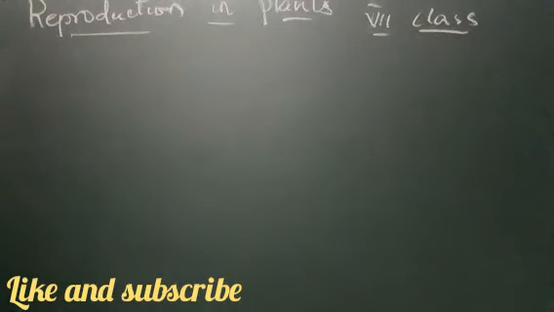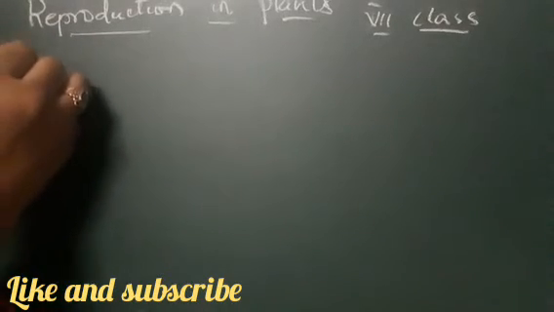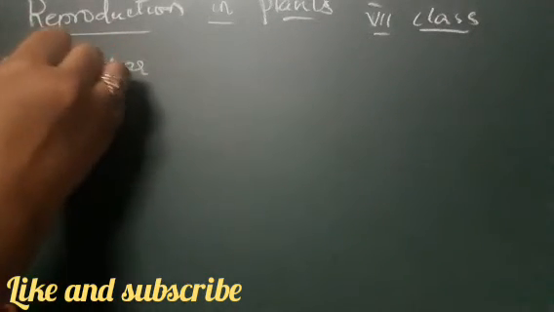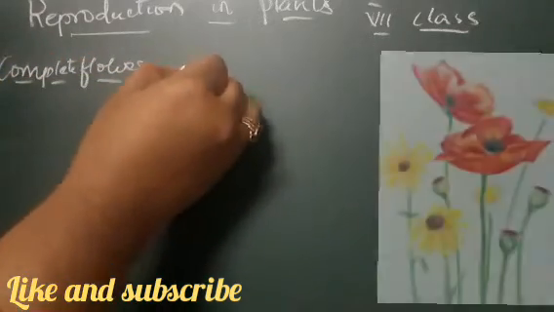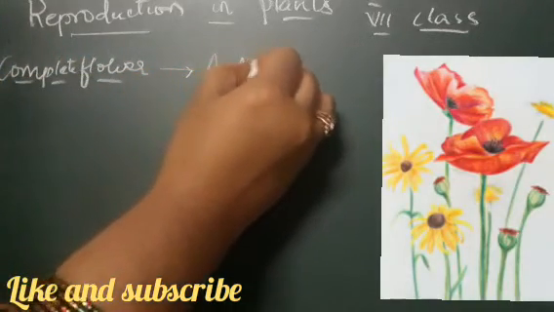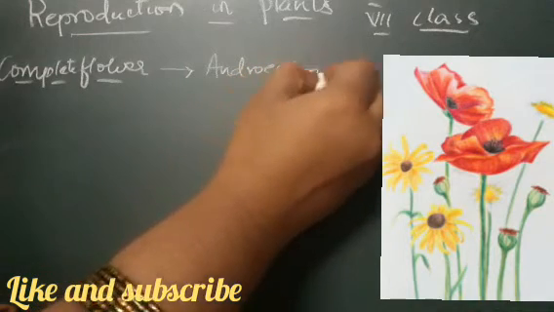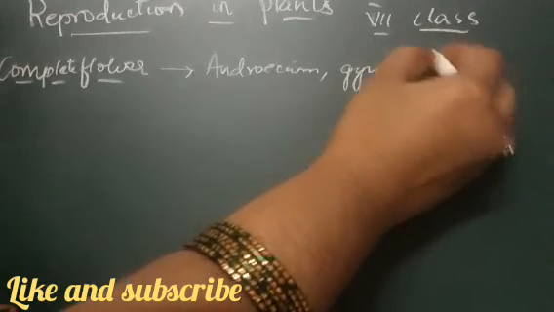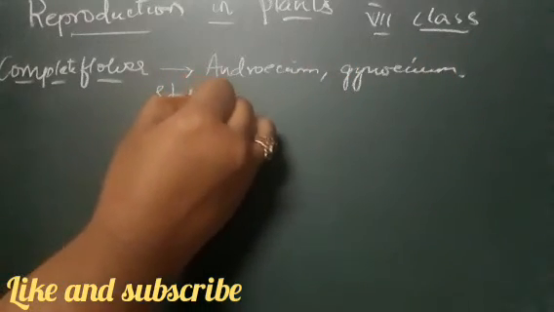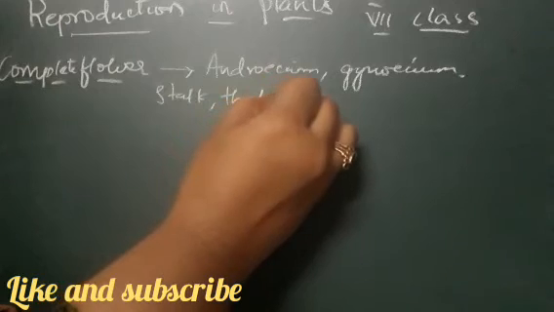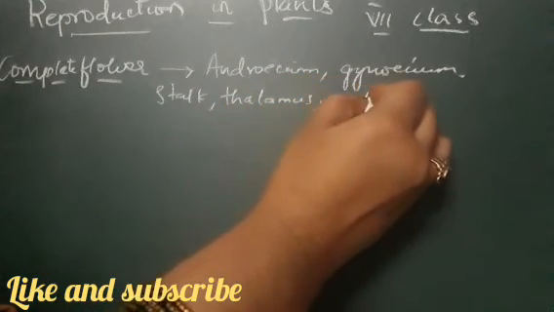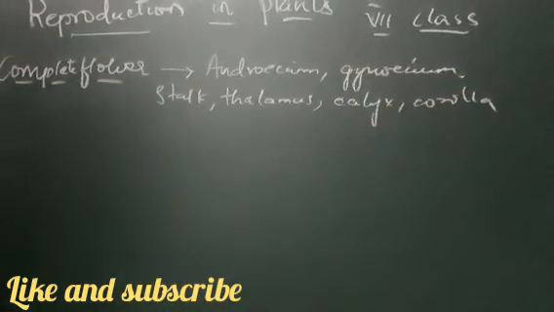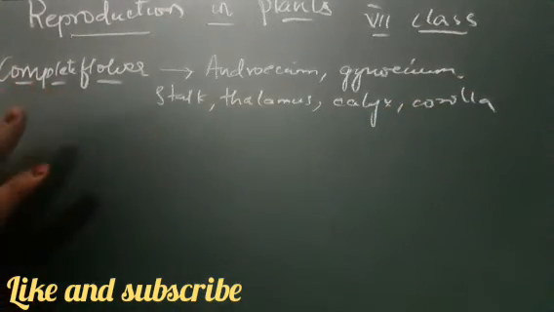Okay, for example, we'll learn about complete flower. When do we call a flower a complete flower? When the flower has androecium, gynoecium, and it has a stalk, thalamus, corolla, calyx, that is sepals, petals, everything, then it is called a complete flower.